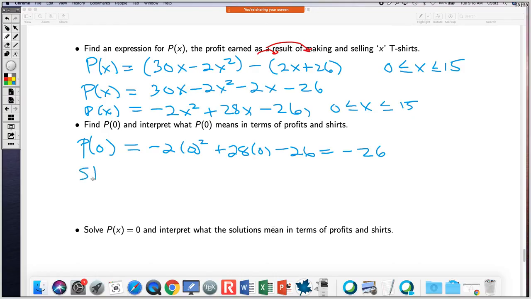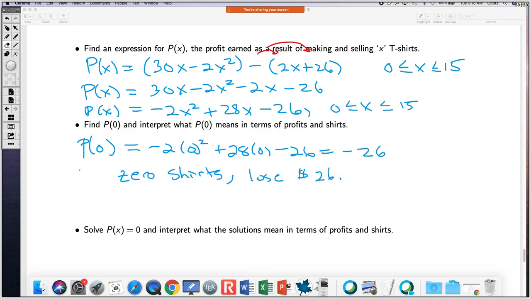That means when you sell 0 shirts, well, what's it mean if your profit is negative? You're losing 26 bucks. Now, 26 bucks should ring a bell.